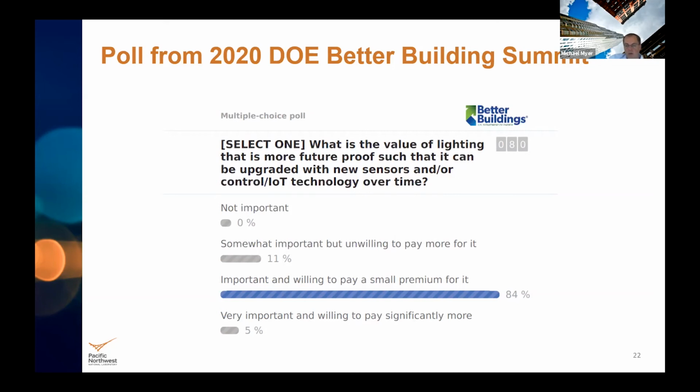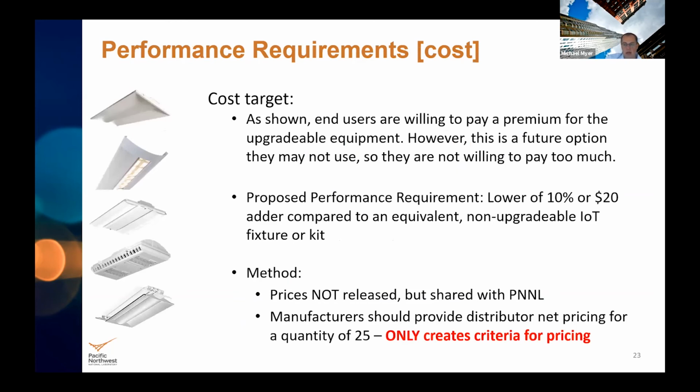However, we did share this with manufacturers as well, and it also let manufacturers know small is the operable word here. It isn't just any price premium. There is a limit to how much end users would be willing to accept for that. So that's where we added a cost component to the performance requirement. It is meant to be really about 10% or a $20 adder compared to an equivalent fixture.